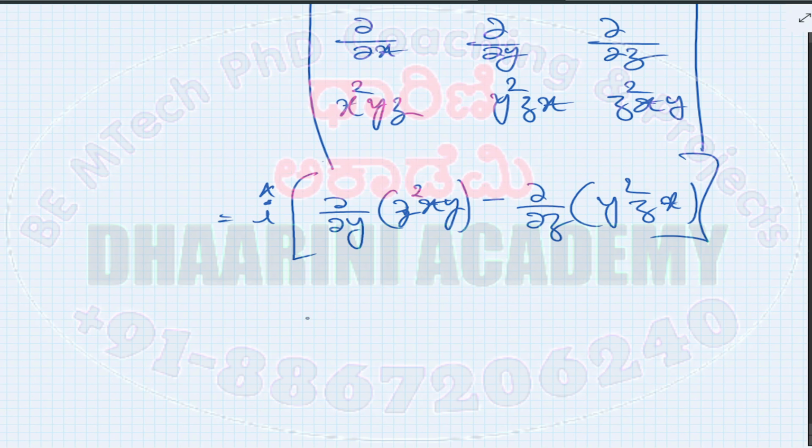This is the first term, that is I. The second term is minus j cap into, when I write j cap, this into this and this into this.